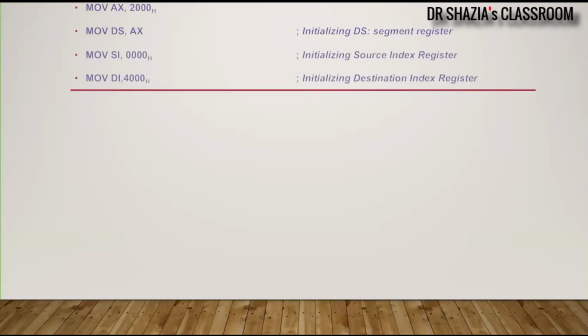Then next what we are doing is initializing the pointers. In this case the source index register is initialized to a value 0000 so that the DS and SI combination gives me a physical address of 20,000.